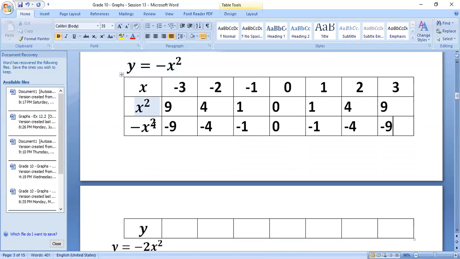They have given y is equal to negative x squared. That means the values that come to this row are the values which you obtain in this row, because y is equal to negative x squared. Therefore, you get y equals negative 9.